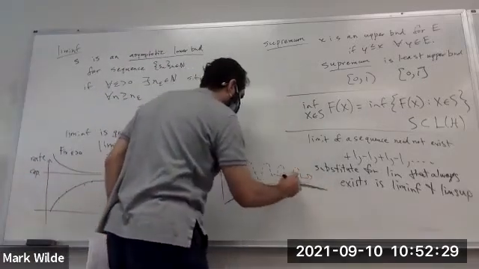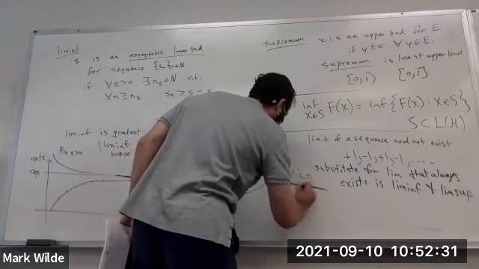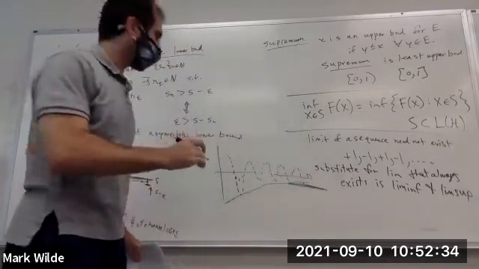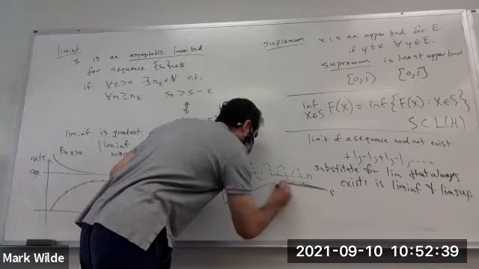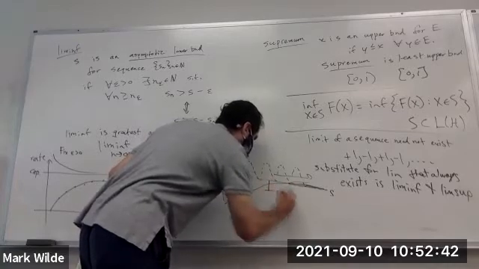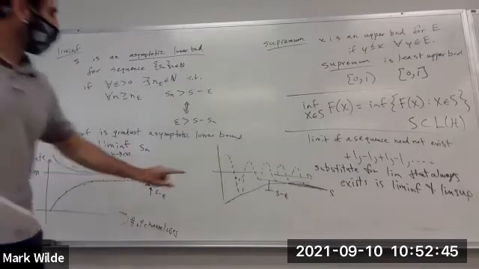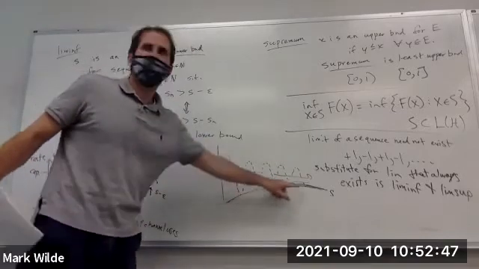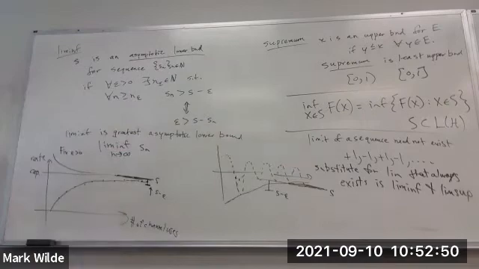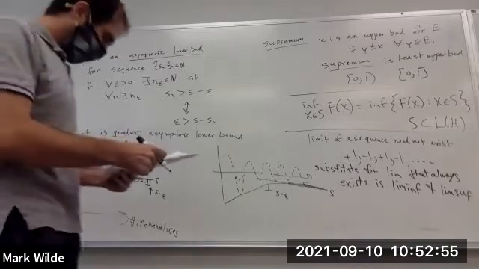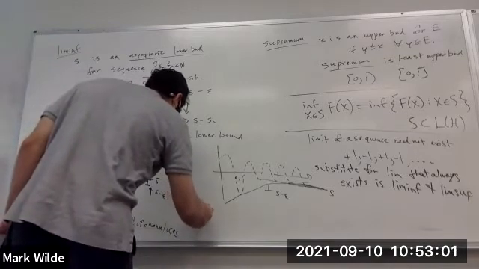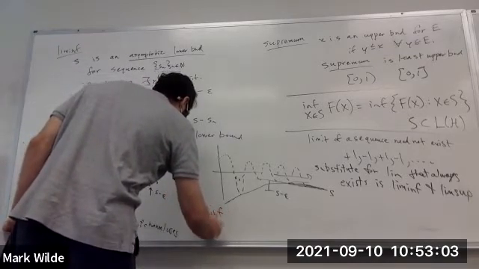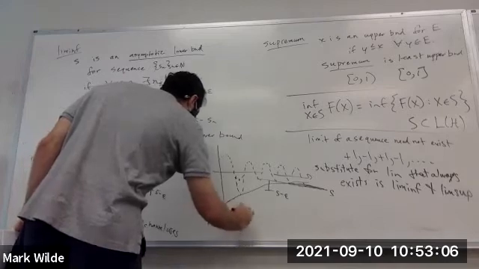So if this were the actual lim inf, let's call this S, I could pick S minus epsilon right here, and then the sequence of lower bounds eventually gets within that window. Okay. Good. One thing you can show from the definitions is that lim inf is always less than or equal to lim sup.